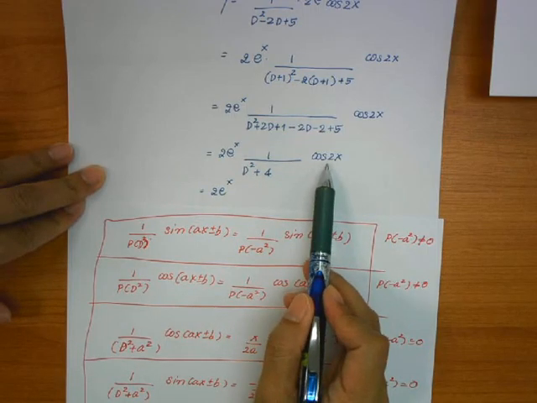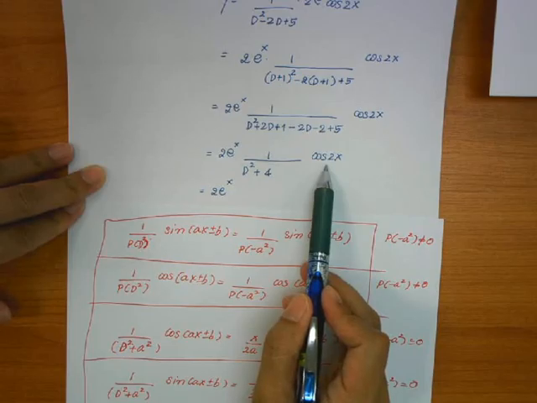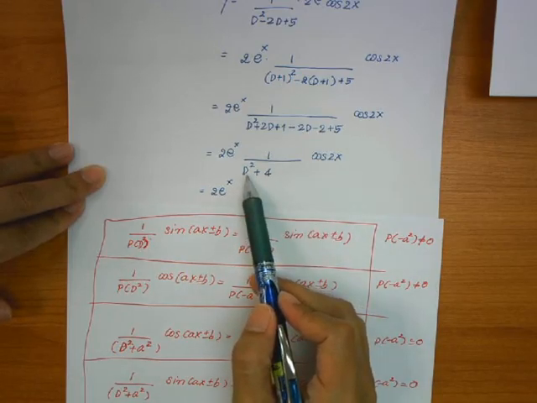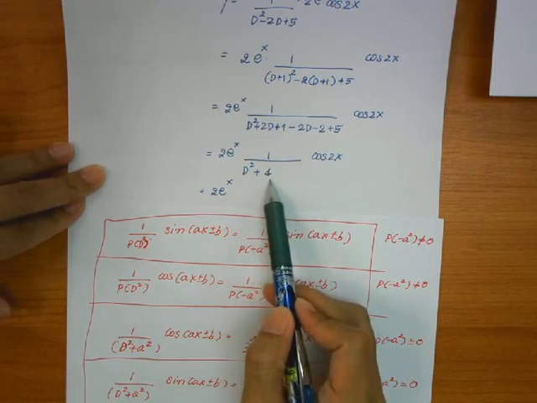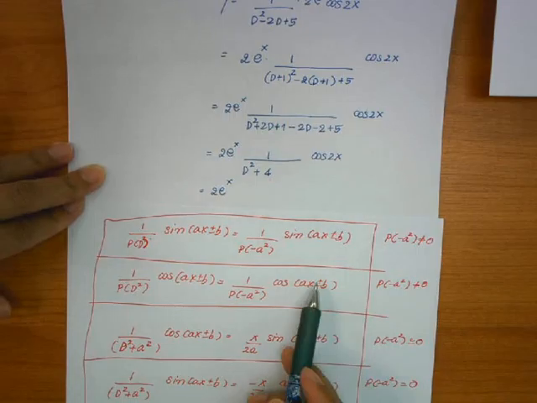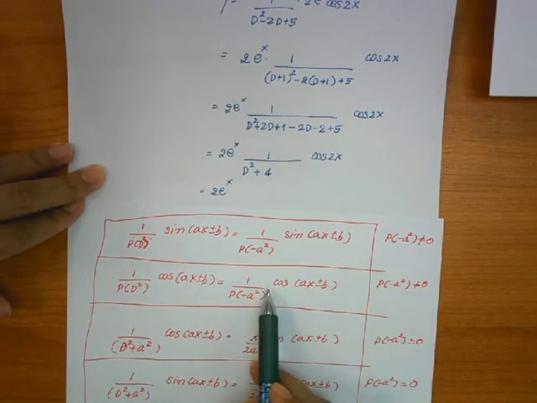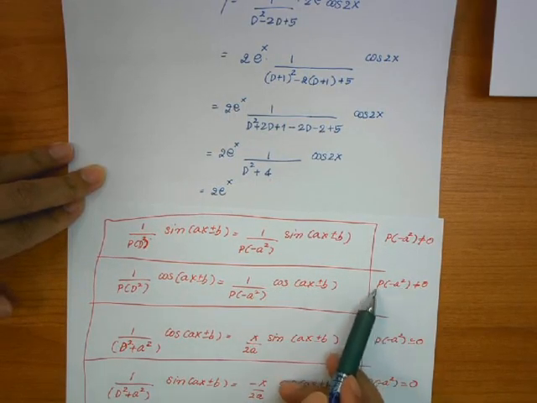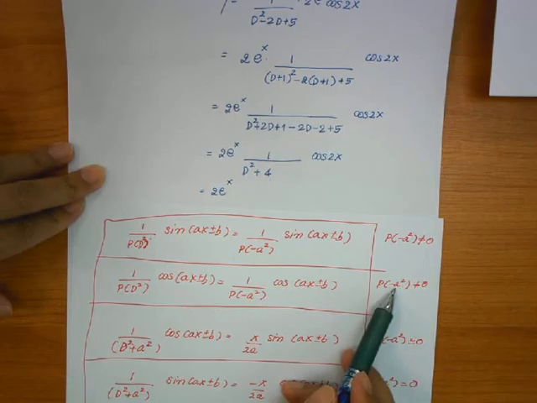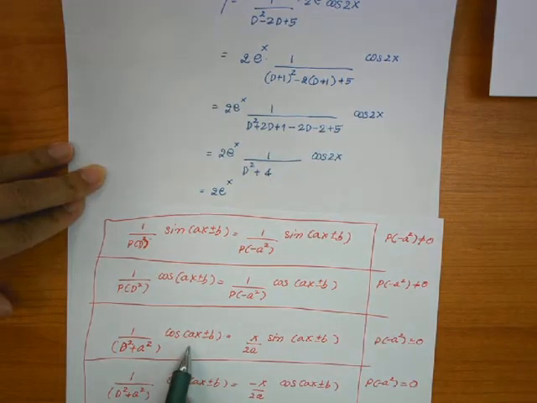Now our a is equal to 2. 2 squared equal to 4. 4 times minus 1 equal to minus 4. Minus 4 plus 4 equal to 0. So we cannot use the first one. If we want to use that one, our P(minus a squared) should not be equal to 0. This time it is equal to 0, so we have to use this one.